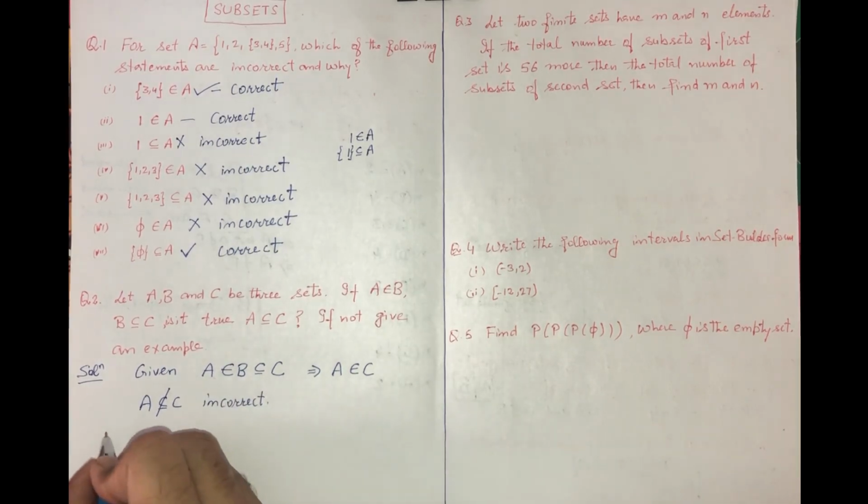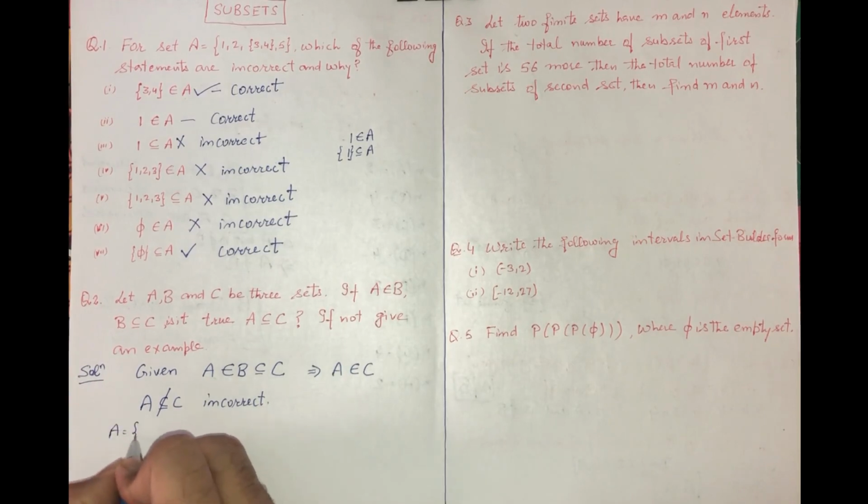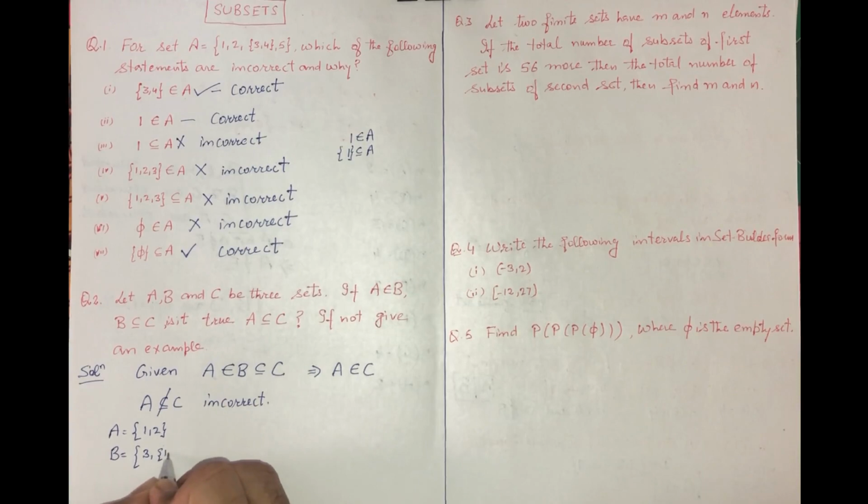Now for example, let A is equal to {1, 2}, B is equal to {3, {1, 2}}, C is equal to {3, 4, {1, 2}}.